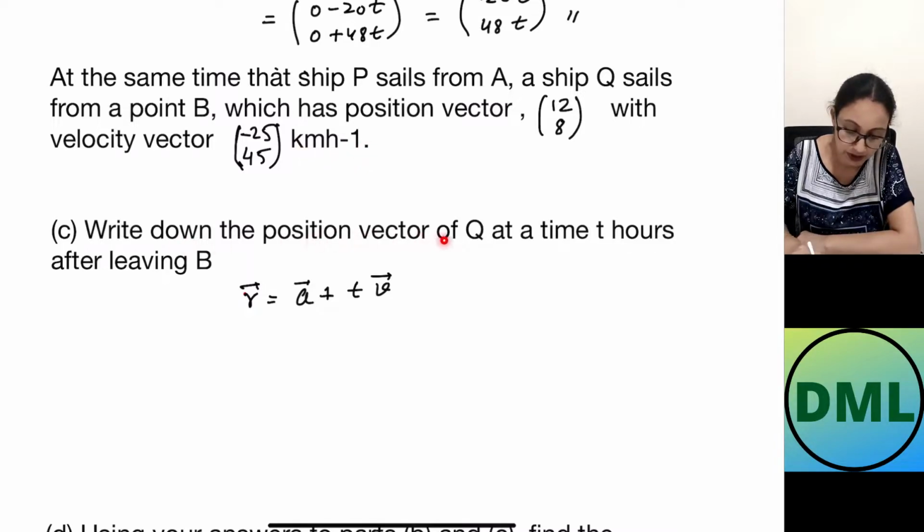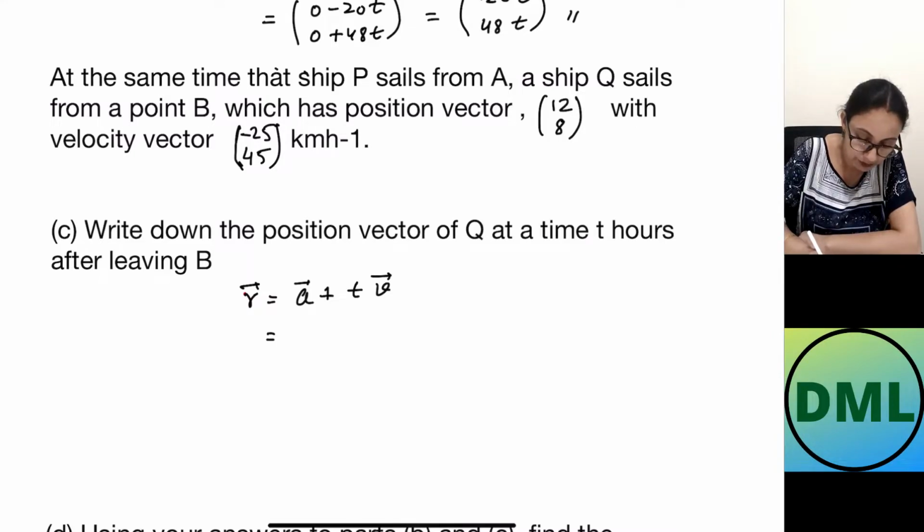Write down the position vector of Q at the time t hours after leaving B. The position vector of Q after t hours will be given by the initial position plus the time multiplied by the velocity vector. Let's substitute the values. Initial position is (12, 8) plus time multiplied by the velocity vector, which is (-25, 45).